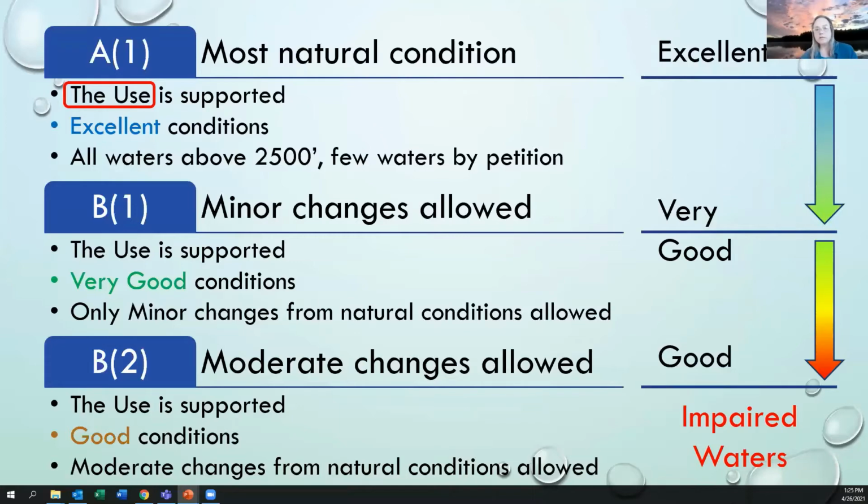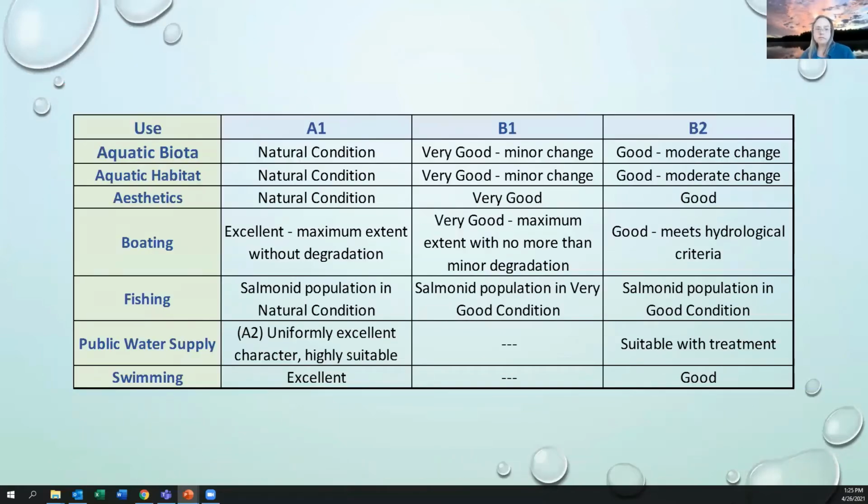So that's how the classification system works. And it's based on these 7 uses, as I mentioned earlier, and each classification, A1, B1, and B2, has these criteria. They don't look like they're strict in any way, but they all have numeric criteria that go along with them.